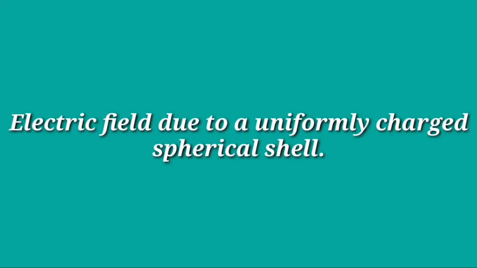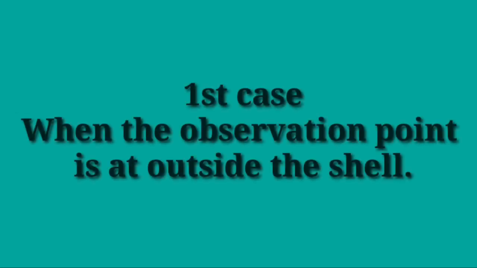epsilon naught. Now we are going to derive the expression of electric field due to a uniformly charged spherical shell at different positions. At first we consider the case that the observation point is outside the shell.